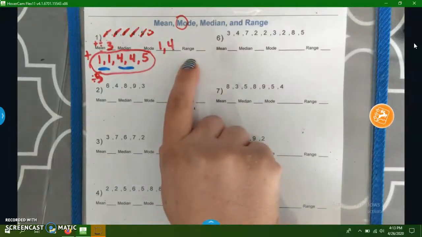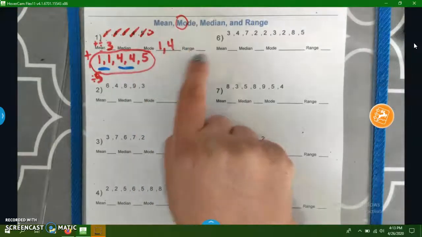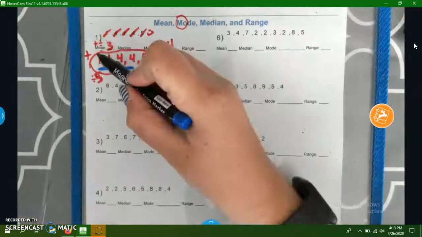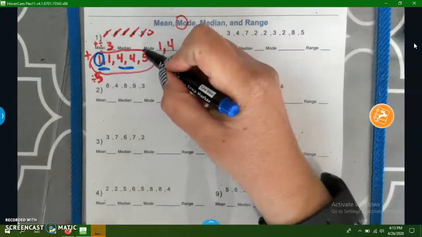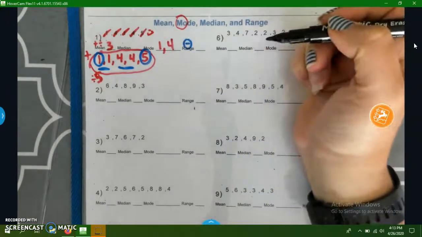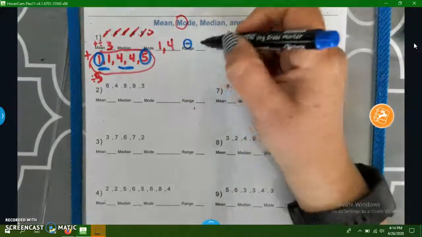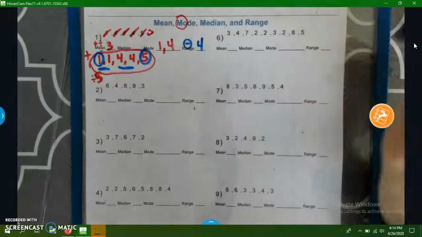Now let's jump over to the range. Range is how much our data changes from beginning to end. To find the range, I want to look at the smallest number and the largest number, and then subtract. So 5 minus 1 means that our data stretches a value of 4.